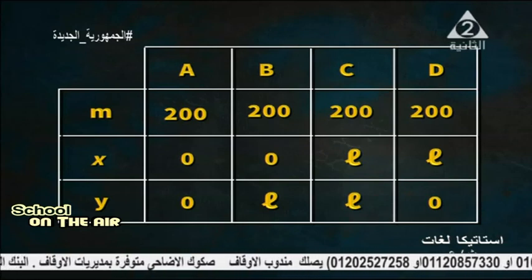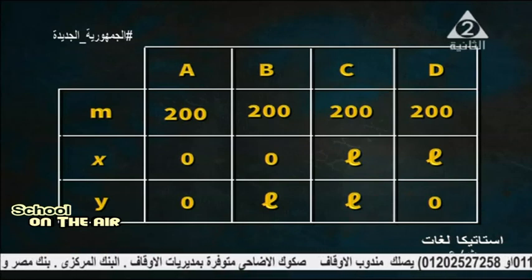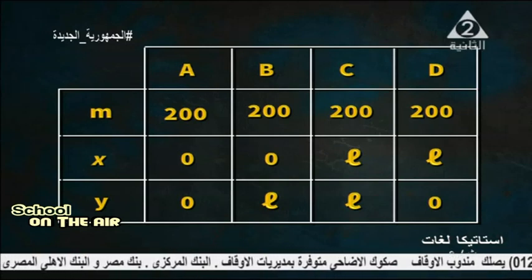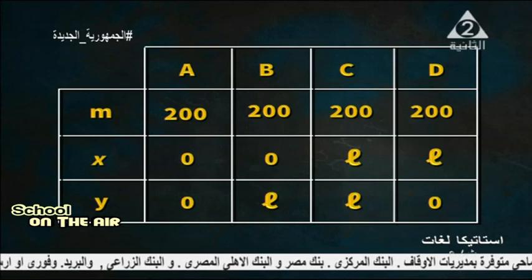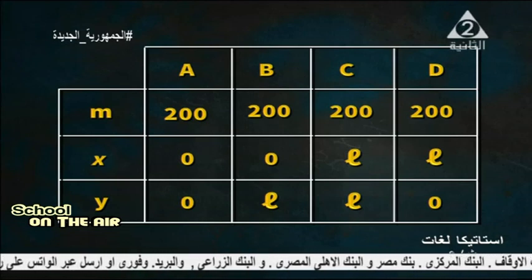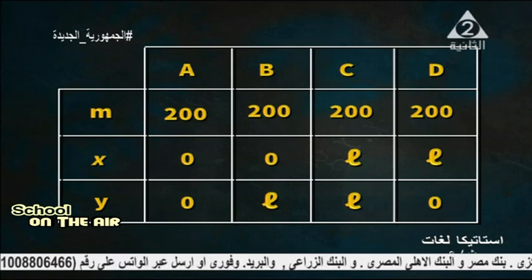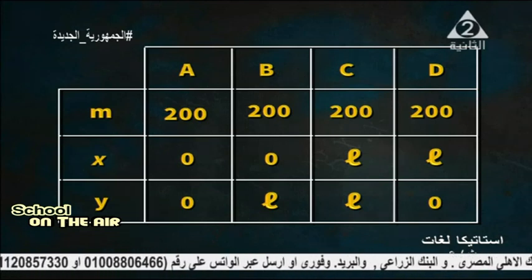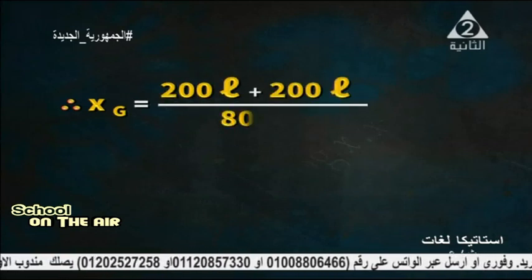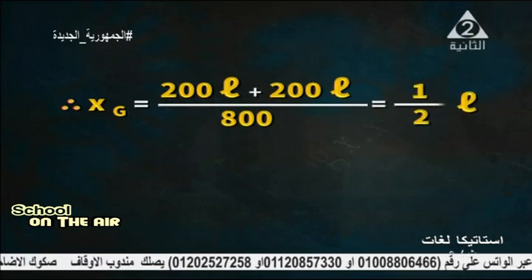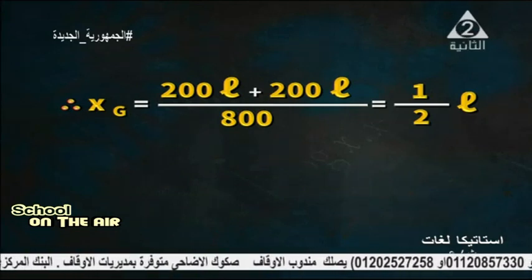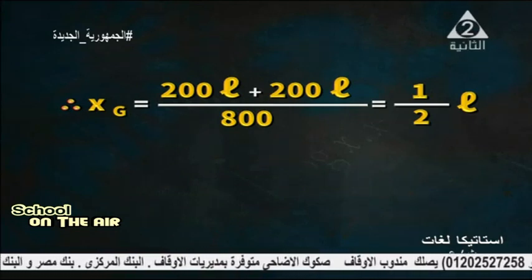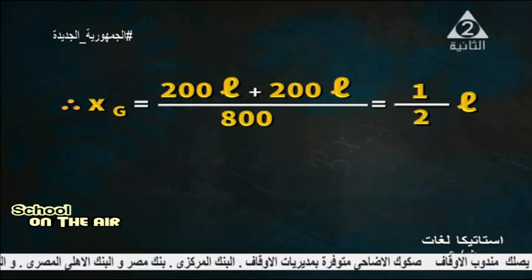By using the rule to calculate the center of gravity, xg equals M1 x1 plus M2 x2 plus M3 x3 plus M4 x4 over 800. Look at xg equals 400 L over 800, equal half L. This is the coordinate of xg.